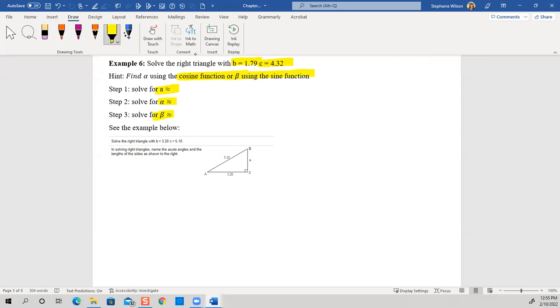If you notice on this diagram here, we were given different points. Here, I was trying to find without having to draw because I'm not real great at drawing straight lines. My B here is actually going to be the 1.79, and my C here is actually the 4.32.